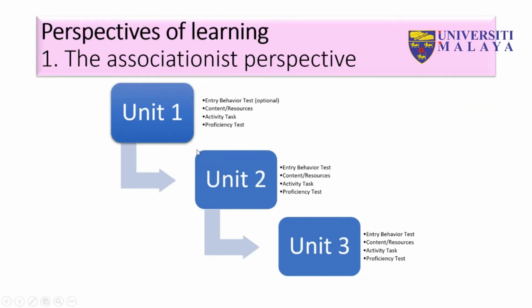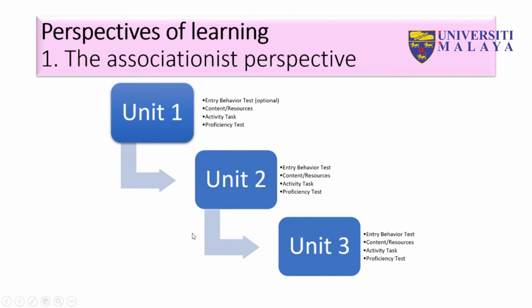So in short, you can design your units to have an entry behavior test. As they come in, they do a test, something like what you did on Kahoot, if you have done the test. And from there, they go on to look at the content, the resources that you have, you present it, and after that do an activity, and then do another test or quiz to determine whether they have achieved the proficiency to go on to the next unit, and so on.